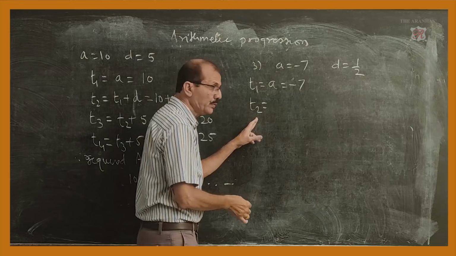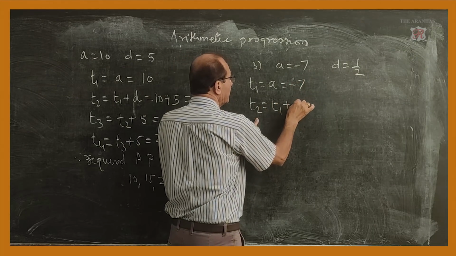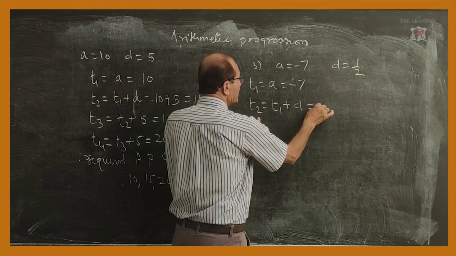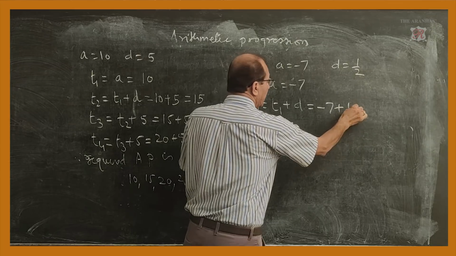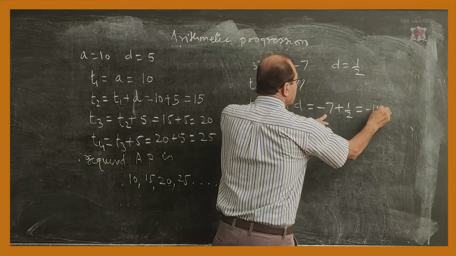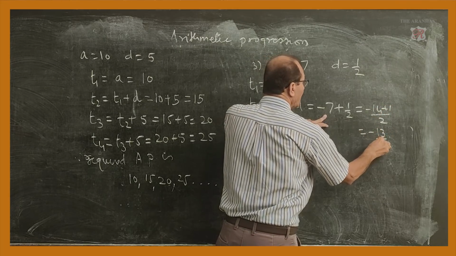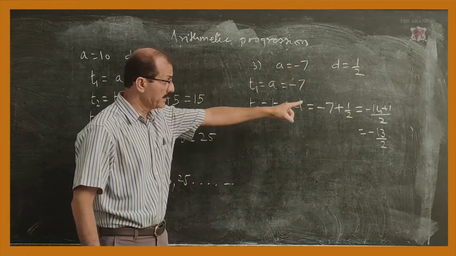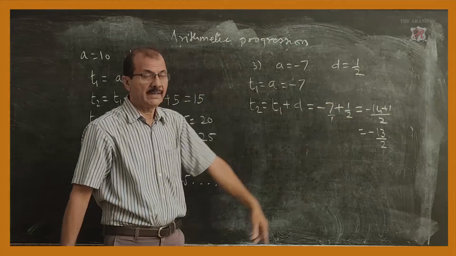To get T2, you have to add the common difference. That is equal to minus 7 plus half. And minus 7 plus half, you know, 2 7s are 14, plus 1 upon 2, which is minus 13 upon 2. So you have to be careful. LCM is 2 here, cross multiply, you get the answer.